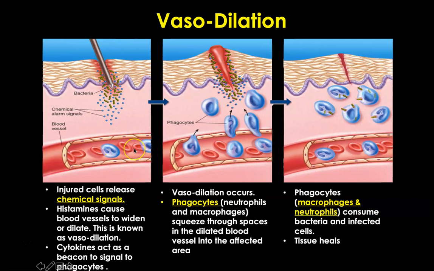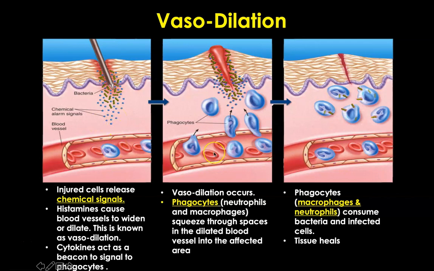As the histamines cause those blood vessels to widen, the cytokines act as a beacon to send signals to macrophages and neutrophils to come to this area to mop up the bacteria and eliminate that infection.